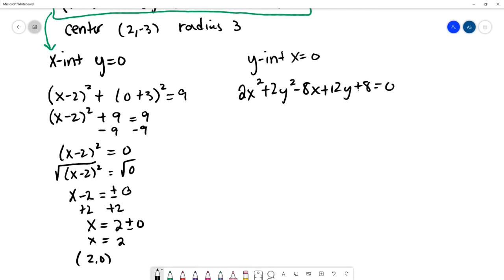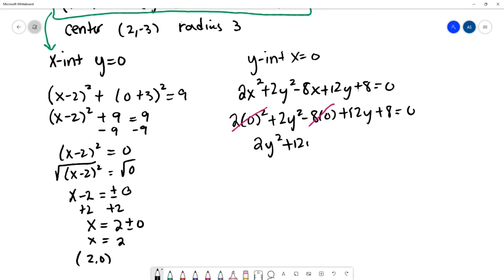So if I'm looking for the y-intercepts, I'm going to let x equal 0. That's 2 times 0 squared plus 2y squared minus 8 times 0 plus 12y plus 8 equals 0. So this term becomes 0, this term becomes 0. We have the equation 2y squared plus 12y plus 8 equals 0.